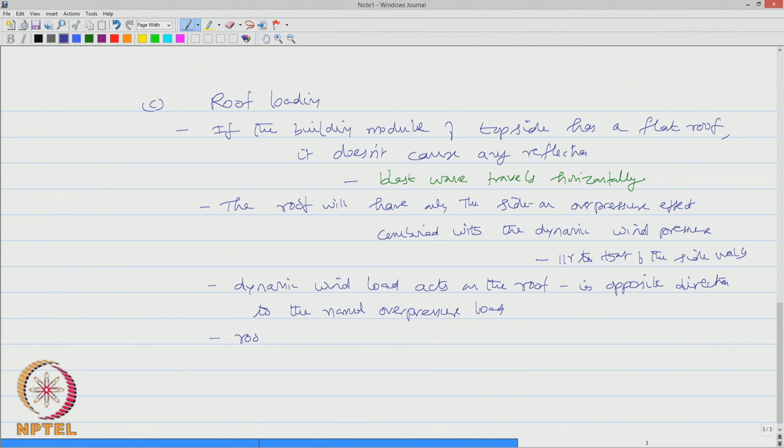The roof loading also depends on certain factors.